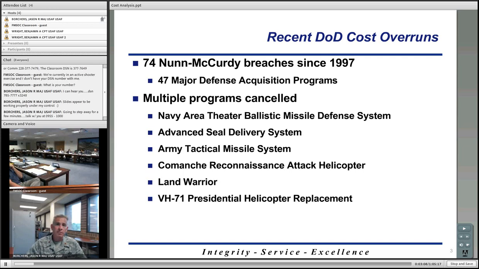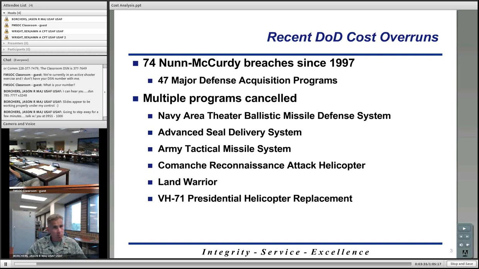The breaches can be classified as either significant or critical. For a significant breach, that constitutes a 15% increase compared to your current baseline, or a 30% increase against your original baseline. So if you have a significant breach, basically it will require notifying Congress of what's going on with the program.